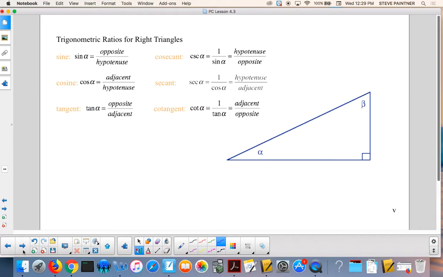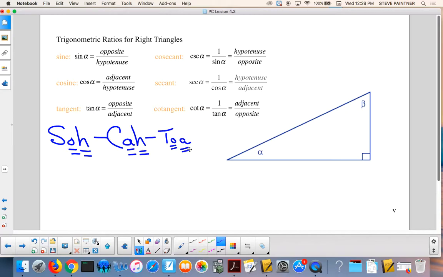There's an easy way to remember that: Soh Cah Toa. If that helps you, then write it. This is your Soh, opposite over hypotenuse, Cah, and then Toa. Just a quick, helpful hint on how to remember the ratios.